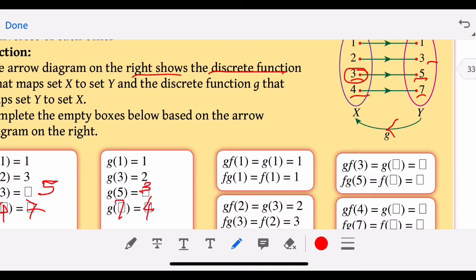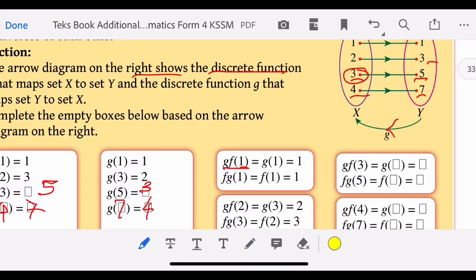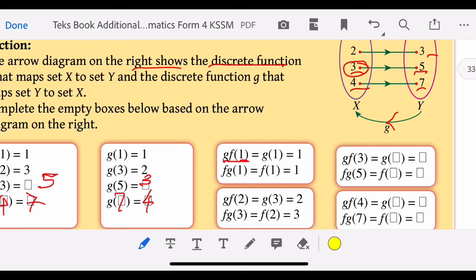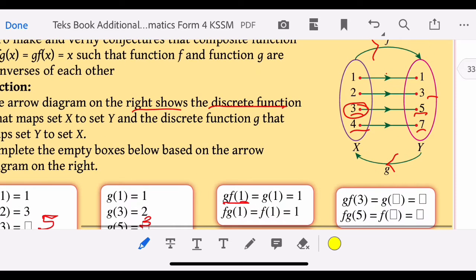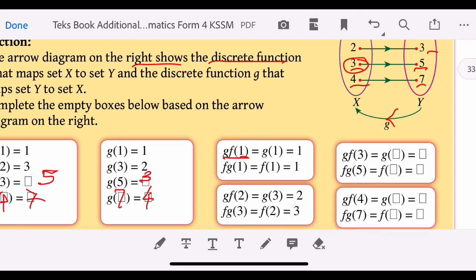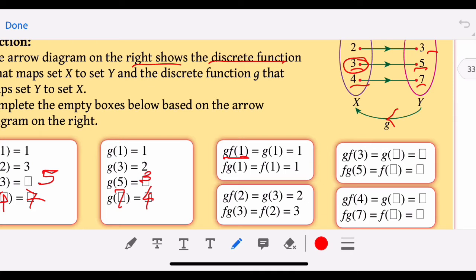Okay, so g(f(1)), f(1) is actually 1, that means g(1). g(1) will be 1. And f(g(1)) will be f(1), so you will get 1. The next one is g(f(2)) is equal to g(3), you get 2. You notice that these two are the same. f(g(3)), you get f(2), you get 3.